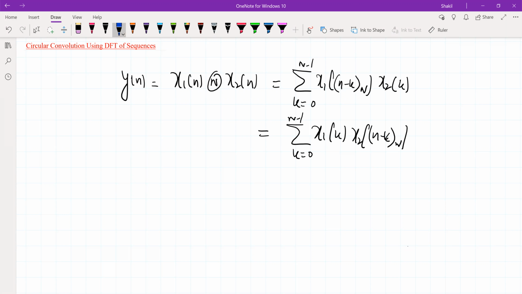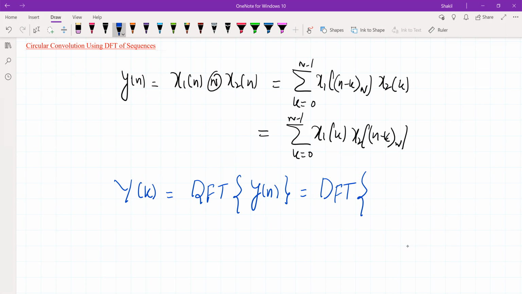But today we'll evaluate the circular convolution of these two sequences using the DFT. In other words, we'll first obtain Y of k. Y of k is the DFT of y of n. That means this is the DFT of the circular convolution between the sequences.